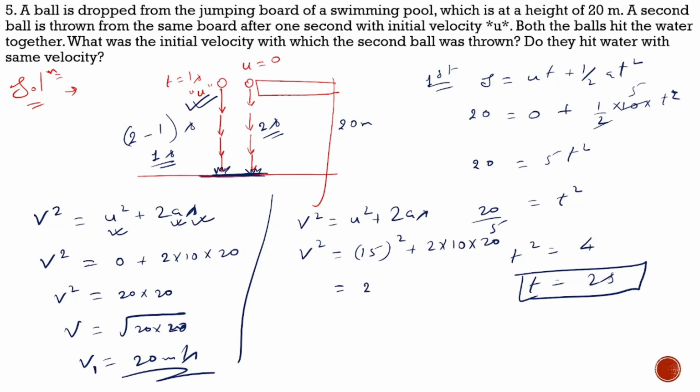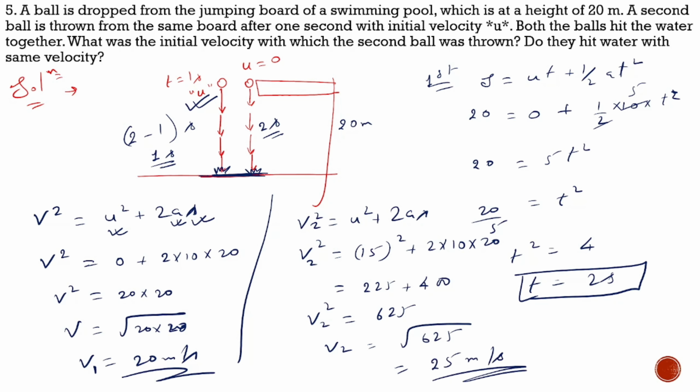So 15 square is 225 plus 2 into 10 into 20, 20 into 20 is 400. It will become 625. That is your v square. Take it as v2 for the second ball. So v2 will be equal to root under 625. 625 is the square of 25. So 25 meter per second is the final velocity of the second ball.